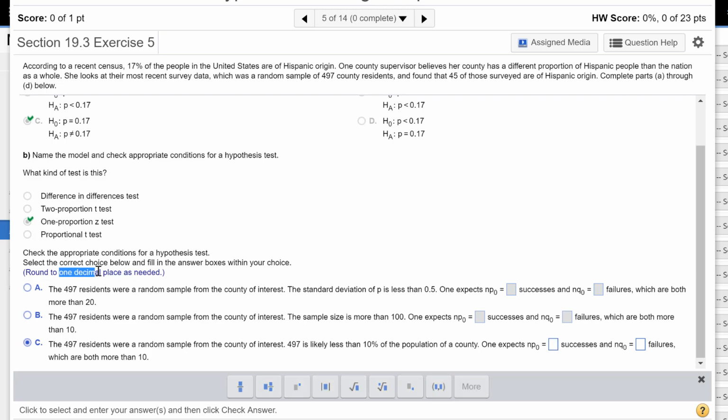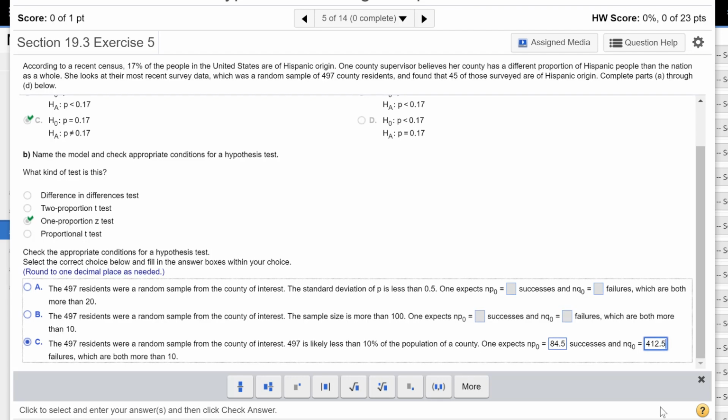You'd hate to miss all that just because of that. If you ever do, just let me know and I can override that very easily. It is 84.5. And then N times Q naught. Remember, Q naught is 1 minus P naught. So 497 times 0.83 is 412.5. Hopefully I got that right.